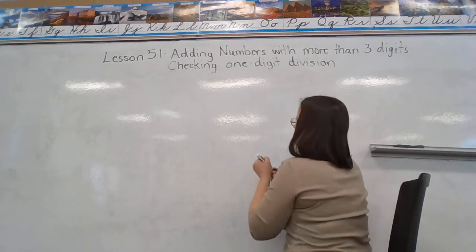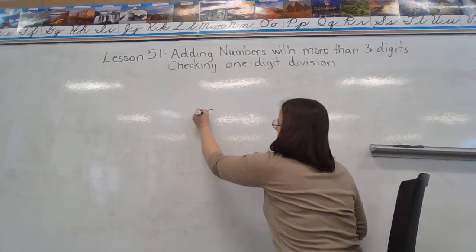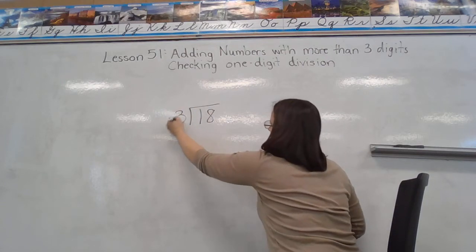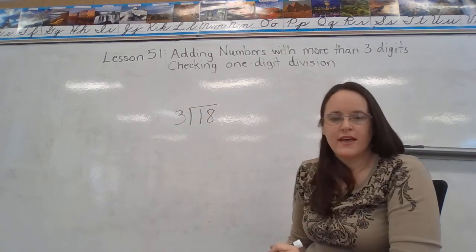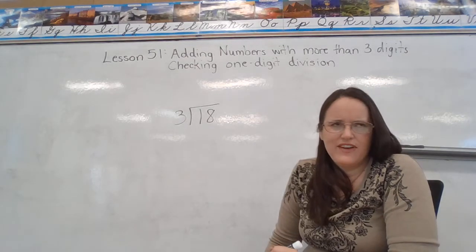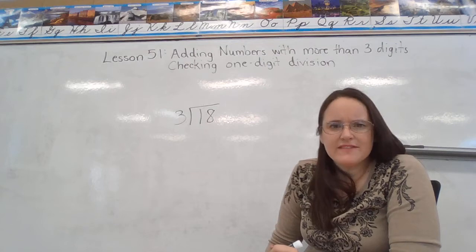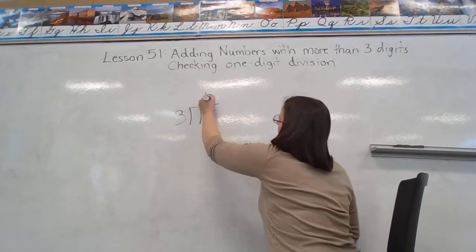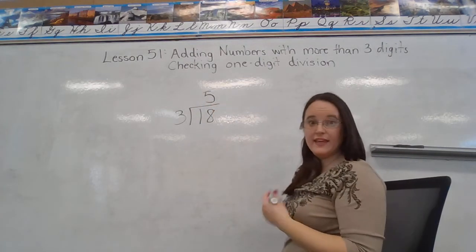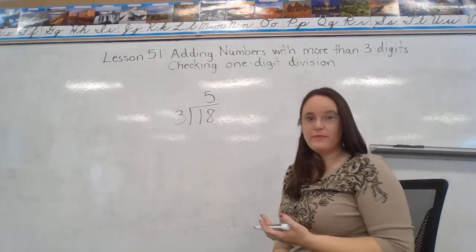Let's say we have 18 divided by 3. What is 18 divided by 3? I think it's 5. So I put a 5 up here. And then I'm going to check my work because I want to make sure I'm correct.